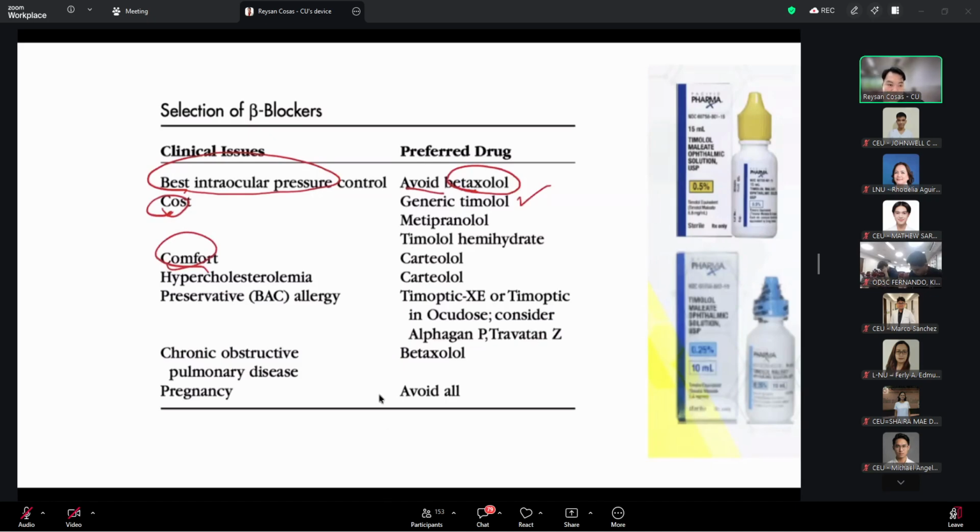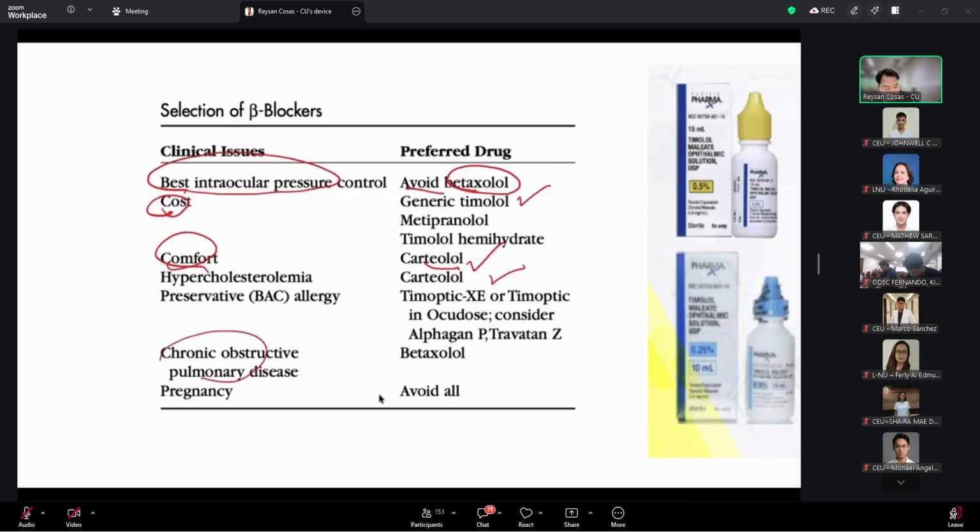Yung may ISA. 'Di ba, ang mga may ISA is less side effects. Maganda talaga yung kanilang safety profiles. So, carteolol. For hypercholesterolemia, also carteolol. Those with allergy to preservatives, you can opt to choose specific brands like the one written.